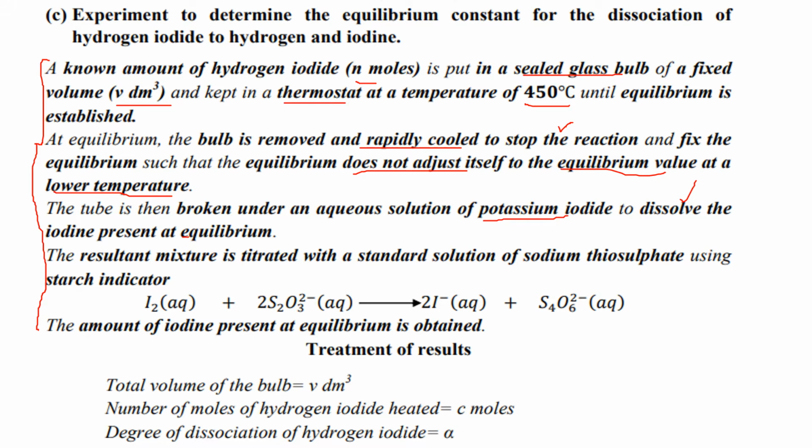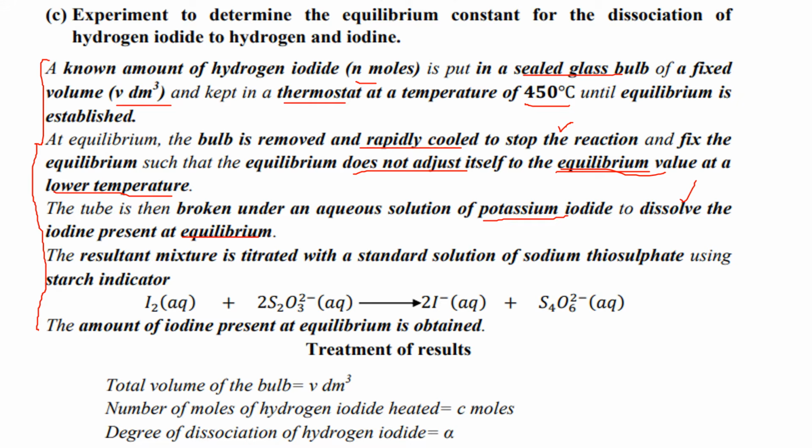And this word is very important because you only do these steps at equilibrium. That's why everywhere you are seeing equilibrium. So you find those words repeating and you highlight them when you are taking your notes, so that whenever you are describing such experiments, you don't forget them because they can lead to loss of marks. The resultant mixture is then titrated with a standard solution of sodium thiosulfate using starch indicator. Another important factor to note: previously, whenever you're using a standard solution of sodium hydroxide, you use phenolphthalein indicator.